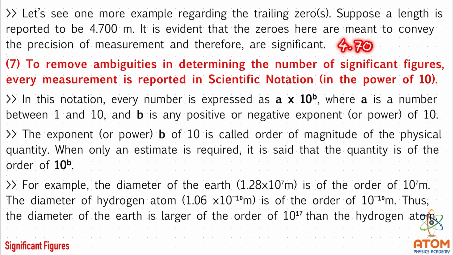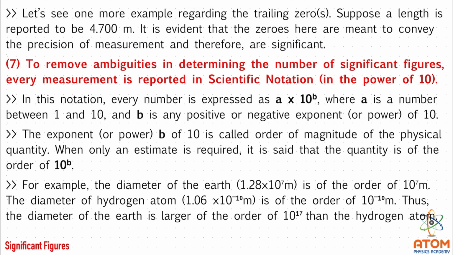But you have written it as 4.700, that means you have measured it and it came exactly 4.700. It was not 4.699, it was not 4.701, it was exactly 4.700 and that's why you have written it. So these zeros are important, they are a measured value, they are not kept just hypothetically. That's why these two zeros are considered significant.